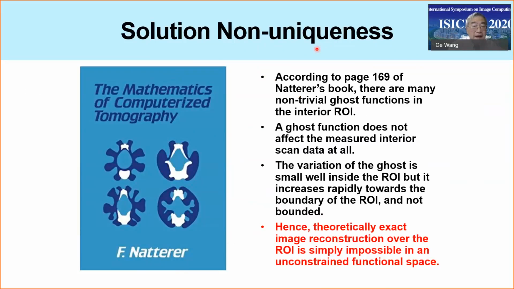We can find very detailed, rigorous analysis of the interior data set: the ghost functions can be in the field of view, and the variation of the ghost is small well inside the ROI, but it increases rapidly towards the boundary of the ROI. So this is not a trivial problem.